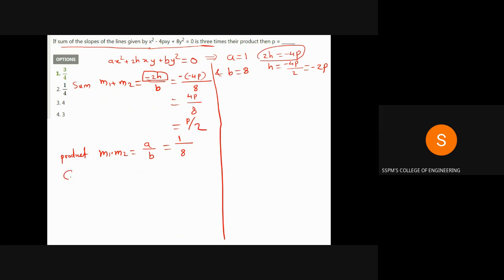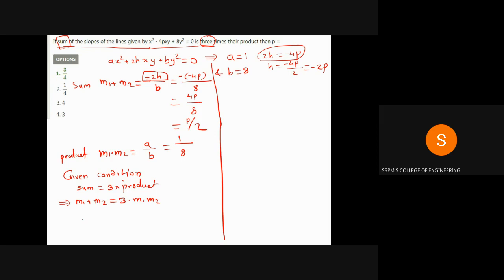What is the given condition in the question? The sum of the slopes of the given lines is 3 times their product, means the sum is equal to 3 times the product. That means m1 plus m2 is equal to 3 times m1 m2.